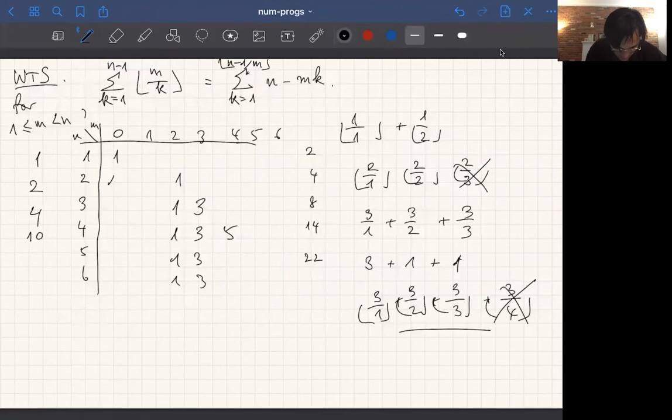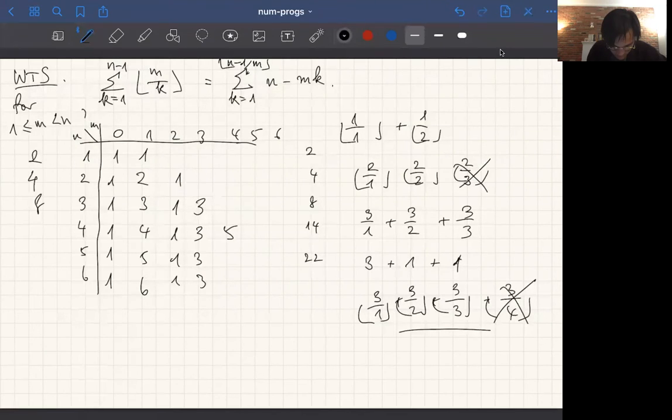So there's one progression of length 0 for all of these, and there are n progressions of length 1. So we just put 2, 3, 4, 5, 6. Now everything seems to add up properly, right? Because this would be 1. So now everything seems to add up properly. We have 2, 4, 8.